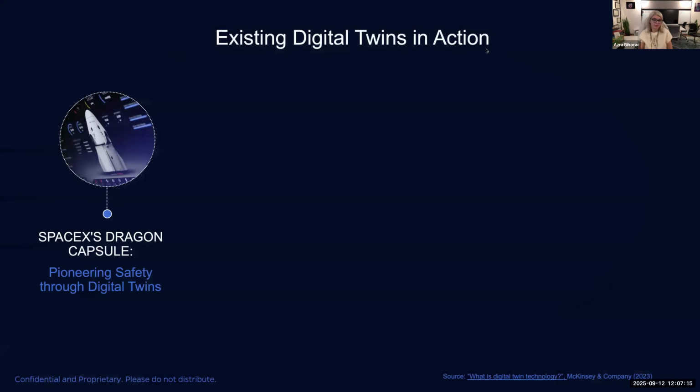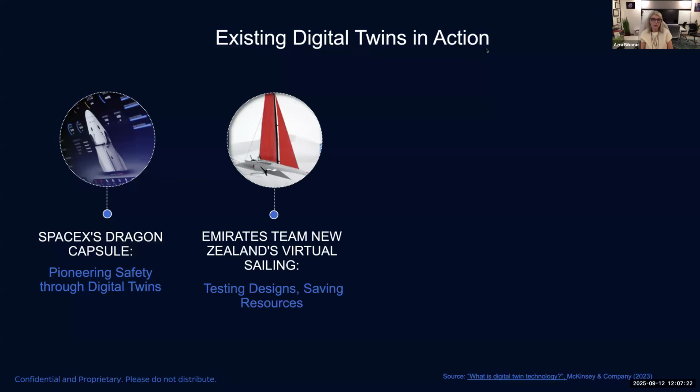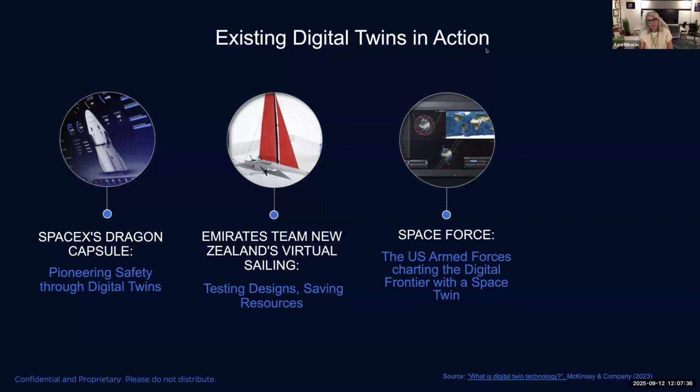A couple of examples: the SpaceX Dragon capsule is used to simulate the safety of the capsule as opposed to a physical environment. Emirates Team has the virtual sailing that is used to test the design and save resources in designing sailing boats.